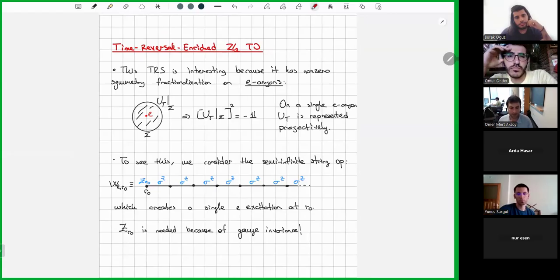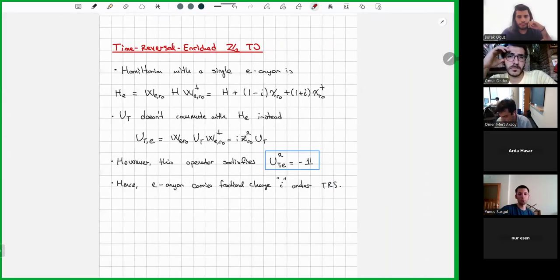My claim is that if I conjugate my Hamiltonian by this operator, it will give me another Hamiltonian where a single E anyon is trapped at site R0. So it creates an E anyon that is stationary, a static E anyon. And the Z operator is needed to impose the gauge invariance. Now, what does the Hamiltonian look like?